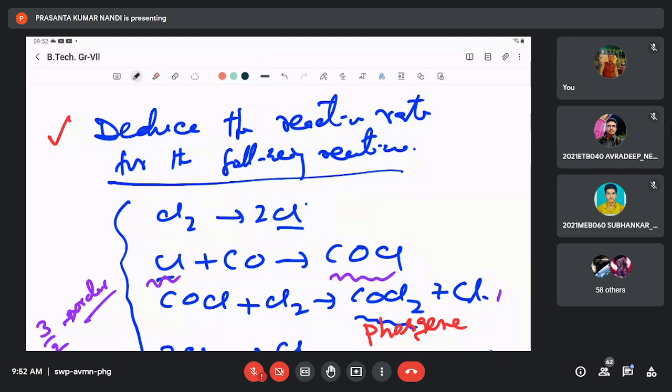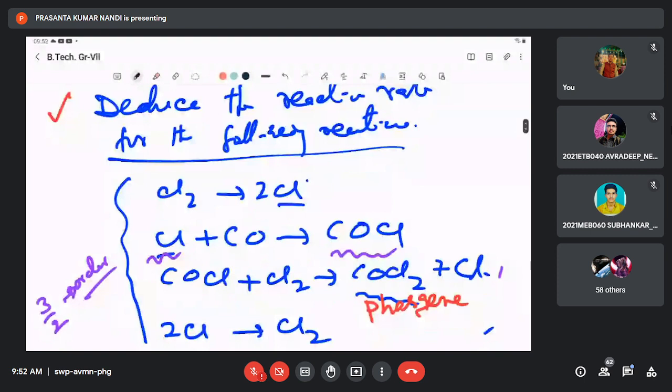The steps are given. First step is the chain initiation. Second step is that COCl is produced. And in the third step, the COCl radicals so far generated again react with chlorine to produce COCl2, the desired product.